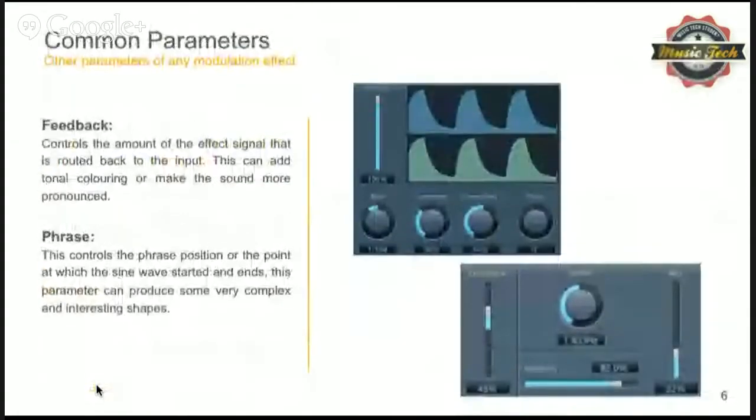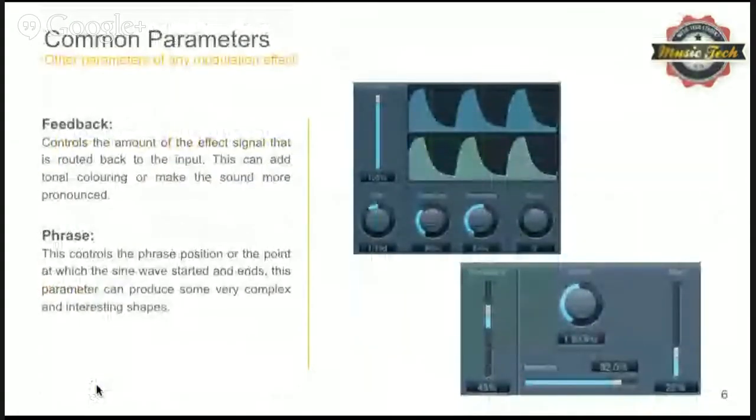Okay. And we have a couple more, just like last week when we were doing the distortion one. We have this feedback, the idea of sending the channel back into itself, which gives it this pronounced quality or tonal color, and it's quite nice. You'll see this quite a lot, and it could be added as an extra effect. And then this phasing is really interesting. Sorry about this, I've got the slides upside down. This is feedback and this is phasing.